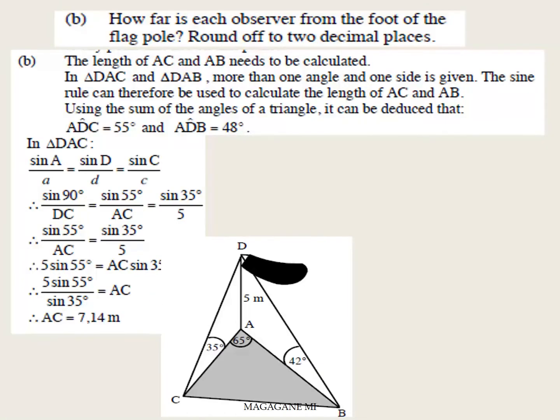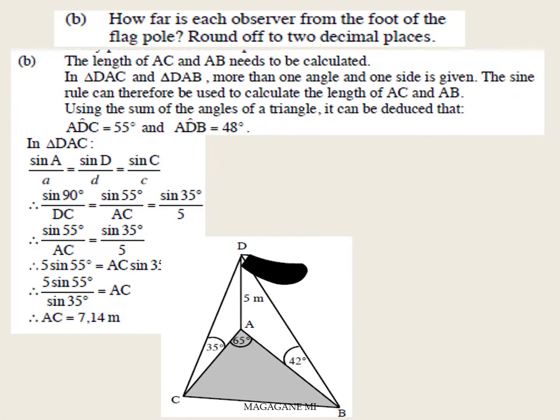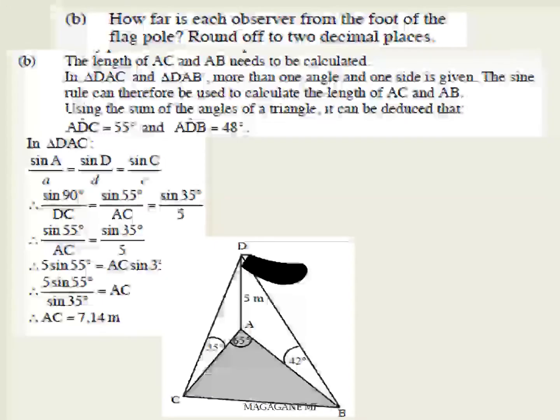In triangle ADC, sine A over a equals sine D over d equals sine C over c. So sine 55 over AC equals sine 35 over 5. Then we cross multiply. Therefore, AC equals 7.14.